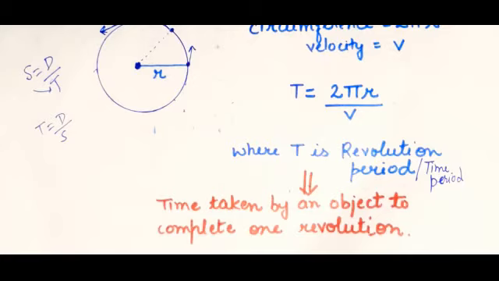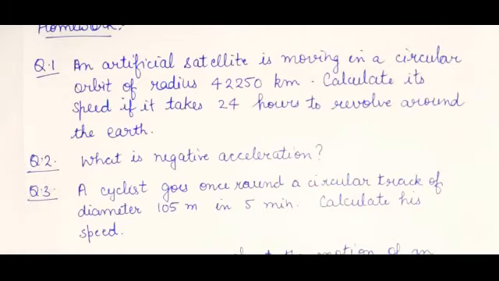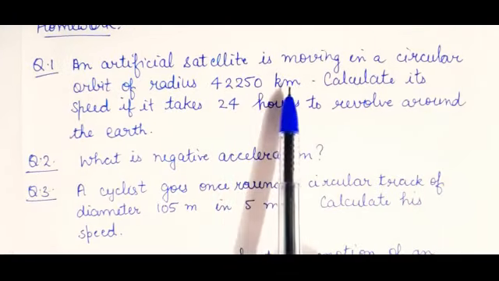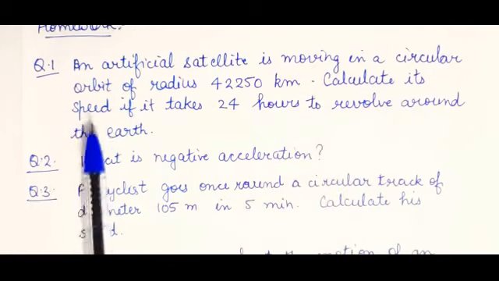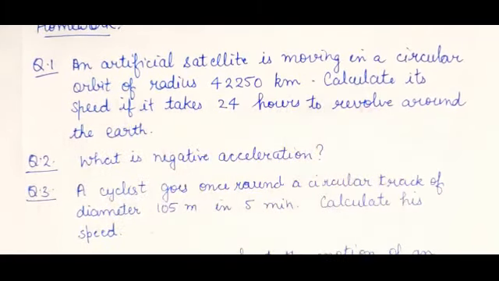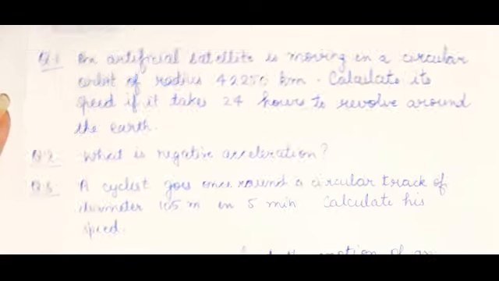So what is your homework? Question number 1. Write down. An artificial satellite is moving in a circular orbit of radius 42250 km. Calculate its speed if it takes 24 hours to revolve around the earth. Question number 2. What is negative acceleration? Question number 3.